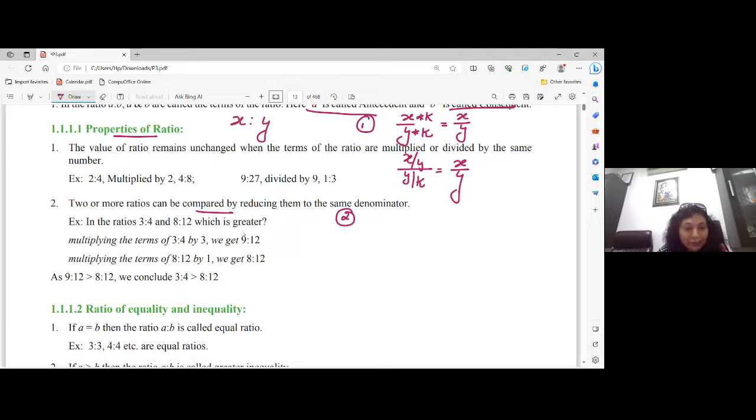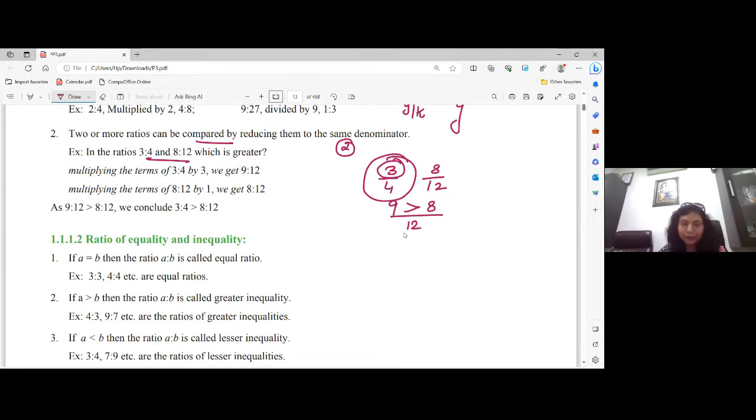For example, if I have to compare 3/4 and 8/12, I have to make the denominators equal by taking the LCM. So the denominator is 12. The numerator of the first ratio is 9 and that of the second ratio is 8, which shows that 9 is greater than 8. That means our first ratio is greater than the second ratio.